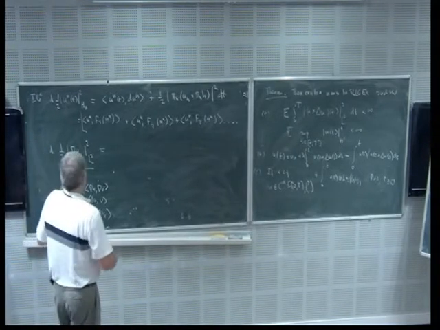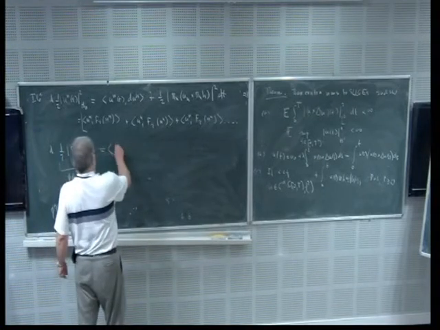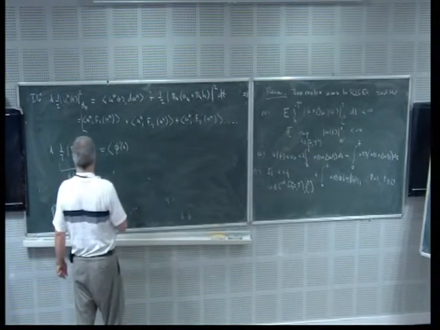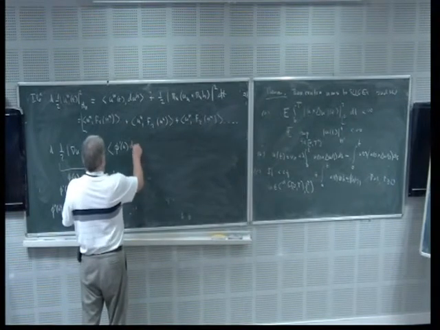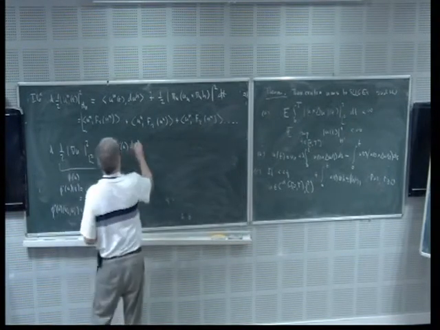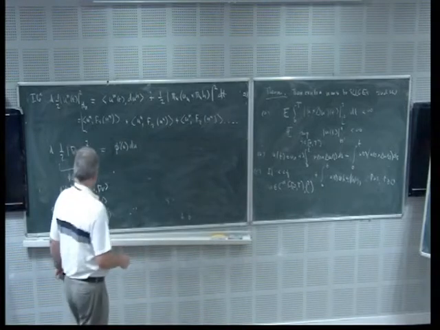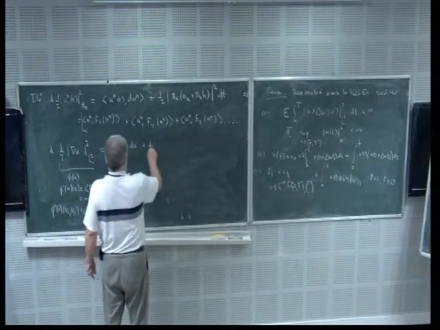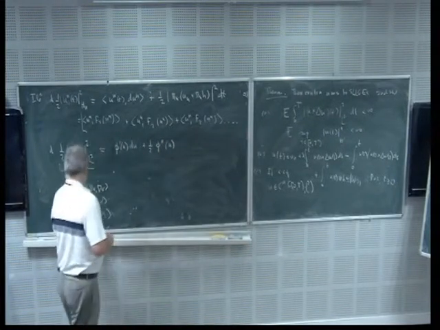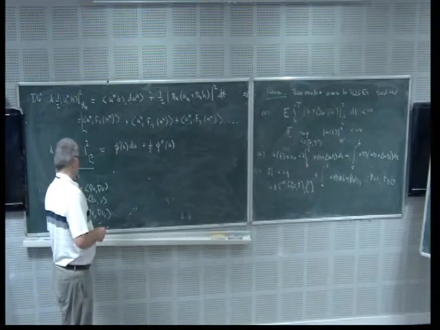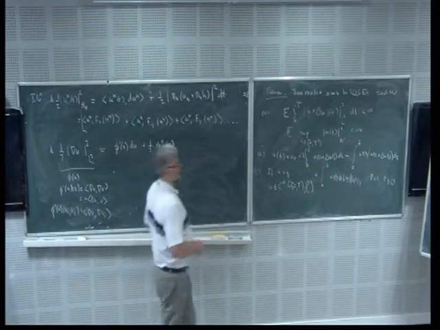Let us see what we'll get here. By the Ito formula, we've got phi prime of U d du, and then we have the correction term, 1/2 phi double prime of U acting on those directions.